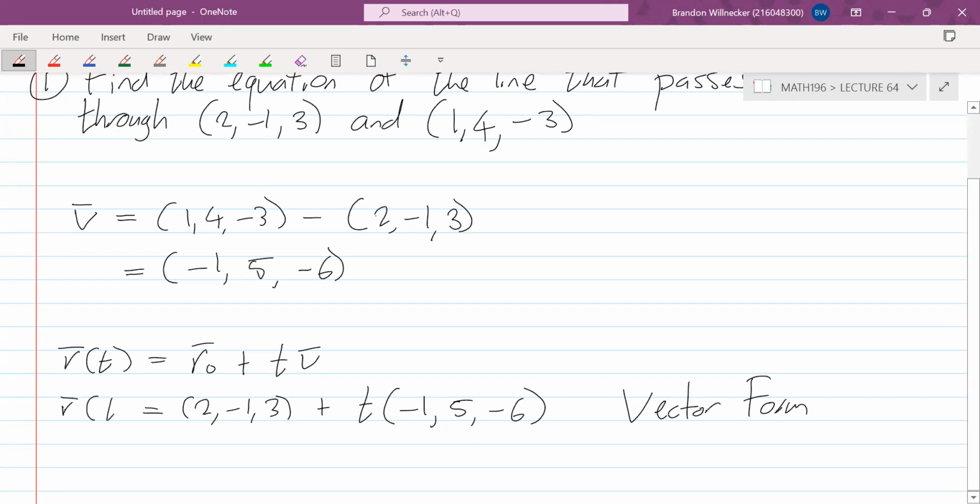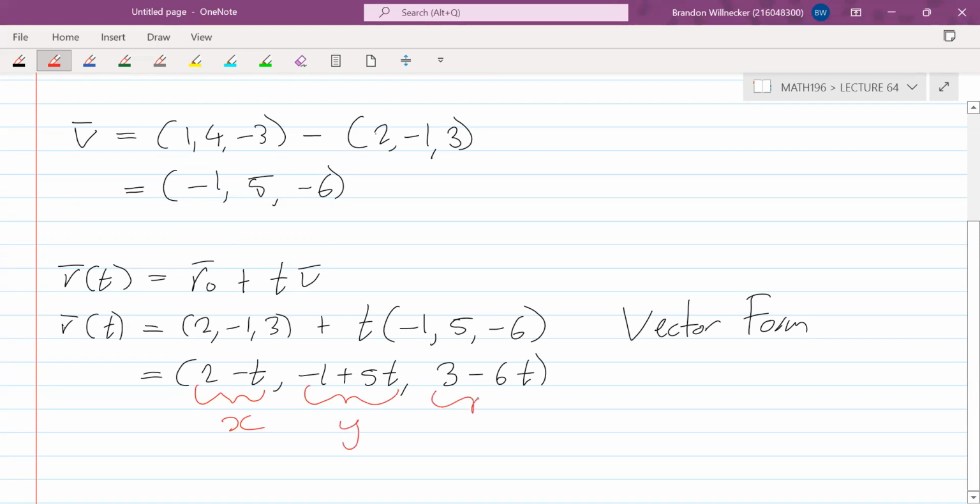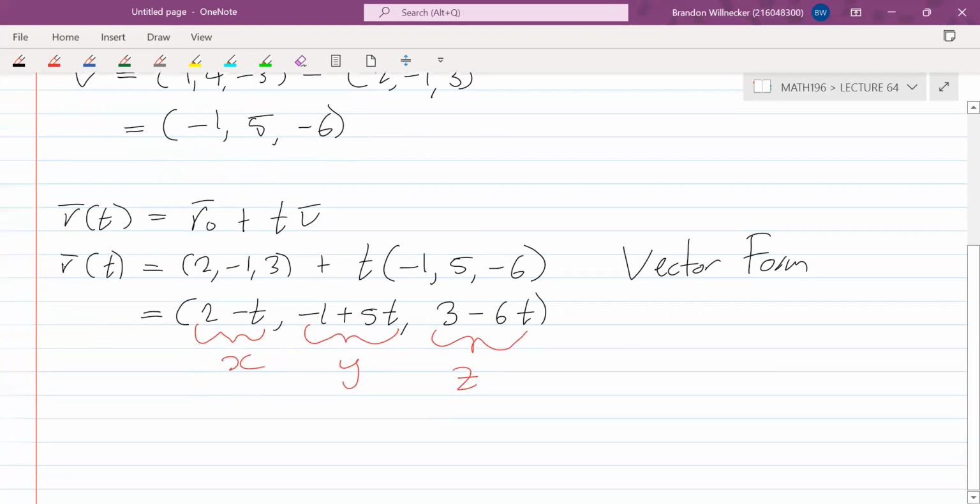We could also write this in those other forms. Remember, we had parametric form and symmetric form. Those were the other two. Okay, so let's work out what those would be. So if we add these two vectors together, we're going to get (2 - t, -1 + 5t, 3 - 6t). Now, if we identify the first component as x, the second component as y, and the third component as z, then we can write down the parametric form.